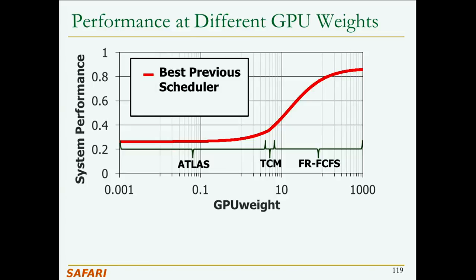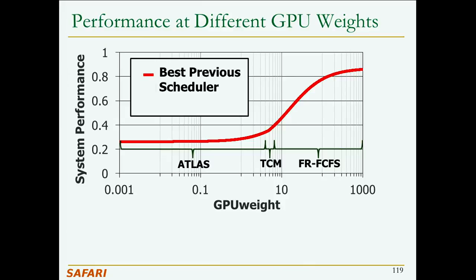But if the GPU is not important, then the latency sensitivity of the cores starts mattering, and Atlas becomes the best scheduler in terms of system performance. And there's a little portion over here where thread cluster memory scheduling is actually the best scheduler among the ones that are evaluated.